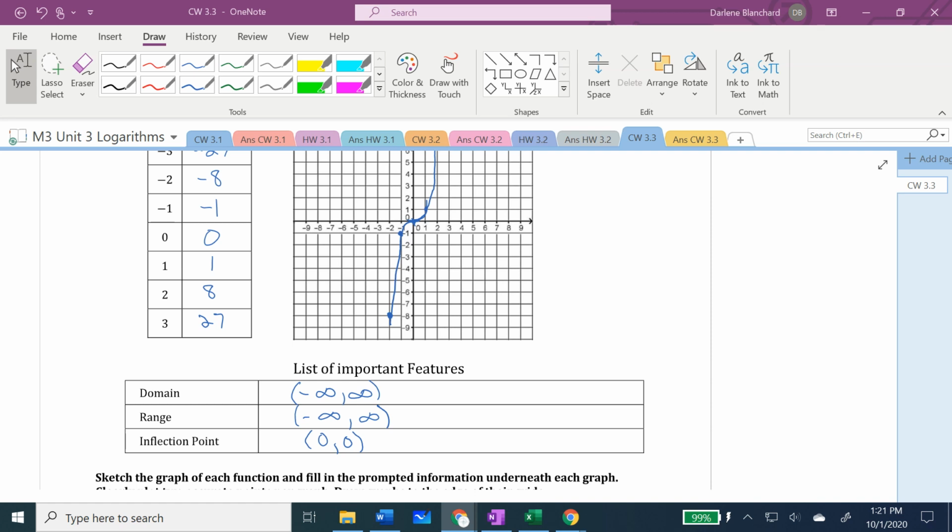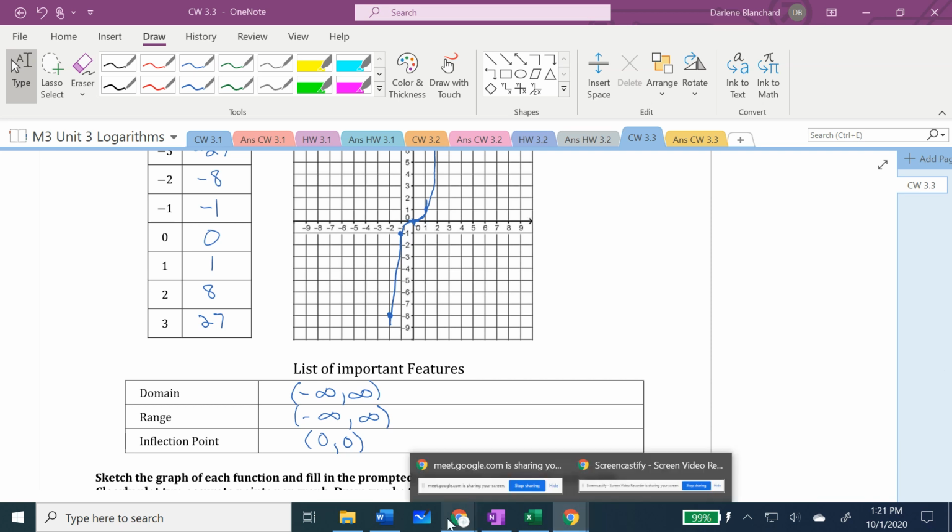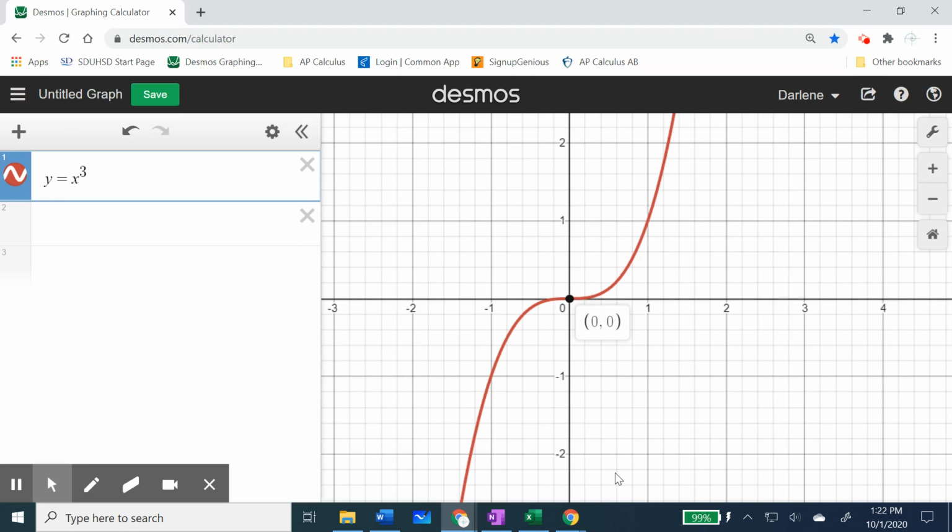And it's an inflection point because if you take a good look at it, maybe I should show you the Desmos version, not my version. There it is. Do you see that over here where I'm at? This looks like a sad face, doesn't it? Does that look like part of a frown?